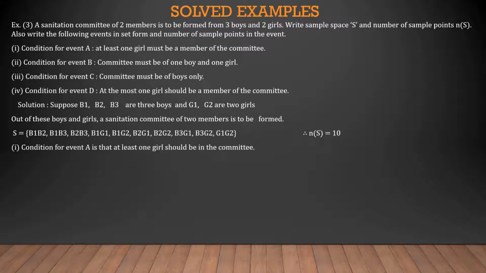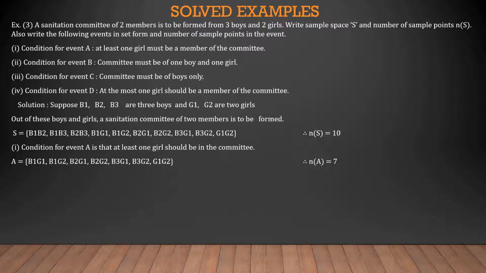The first condition is for event A: at least one girl must be a member of the committee. So the sample points in event A are B1G1, B1G2, B2G1, B2G2, B3G1, B3G2, G1G2.